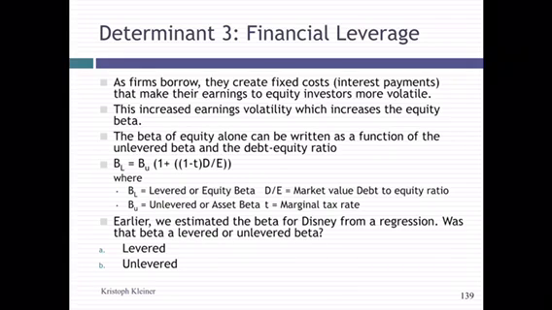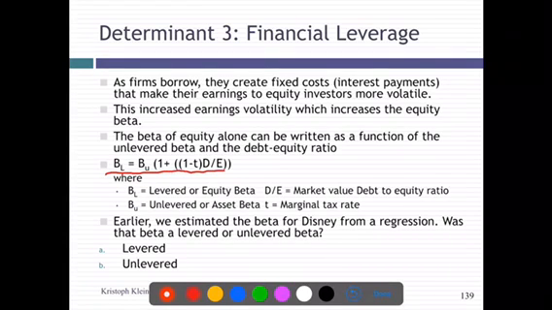Now, a really important equation that we're going to use in this class is the relationship between a levered beta and an unlevered beta. What we're thinking about here is that if I know what the beta is when Disney doesn't have any debt, that would be an unlevered beta, then I can what's called lever up the beta using this information here to figure out what is the levered beta.